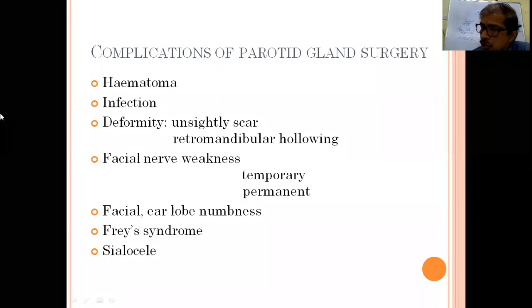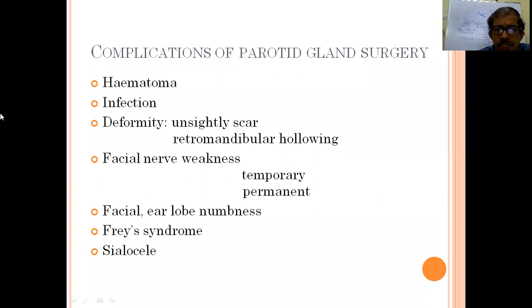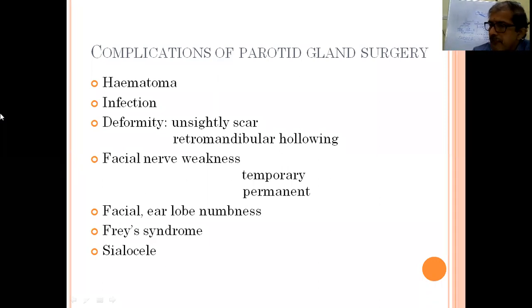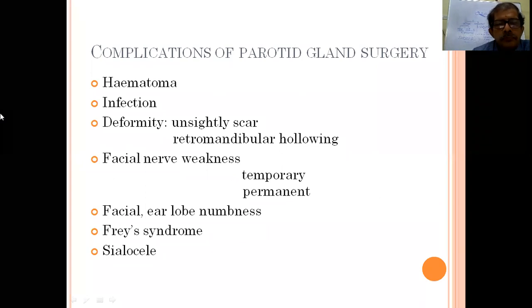Now does anybody know what incision we have to give for parotid surgery? What is the shape of the incision? Of course, I told you, you have to give a preauricular incision, but what is the shape of that incision? Is there any name for it?